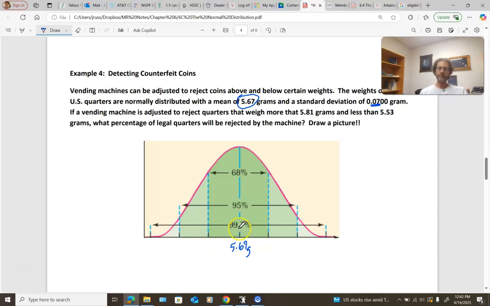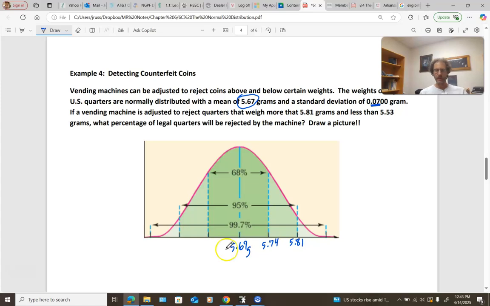So to find these values above the mean, I'm just going to start adding the standard deviation to this number. If I add 0.07 to this, my next value would be 5.74, and then 0.07 more would be 5.81. I think that's all I'm going to do.